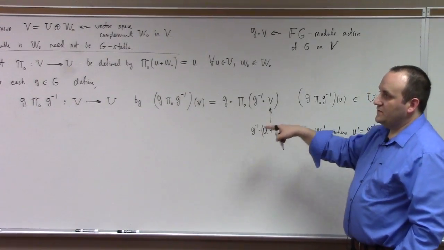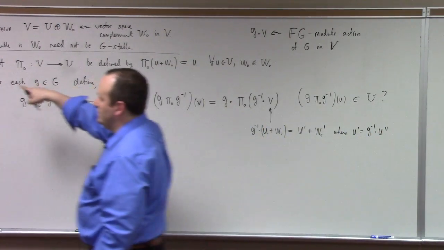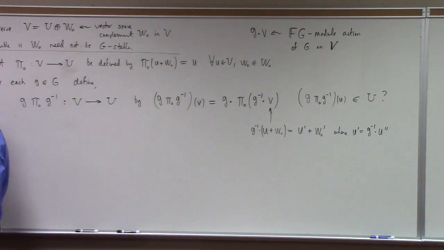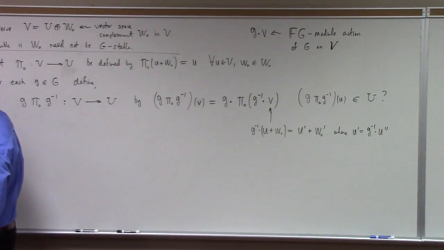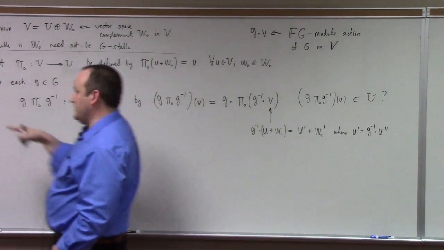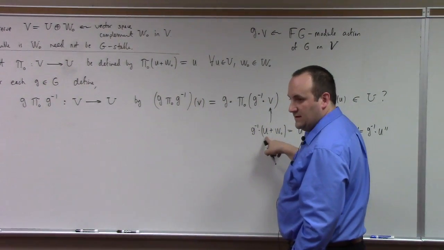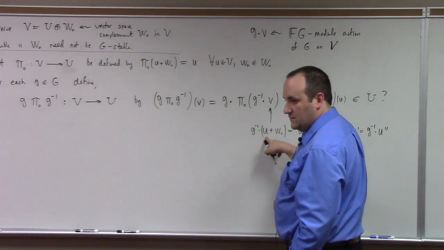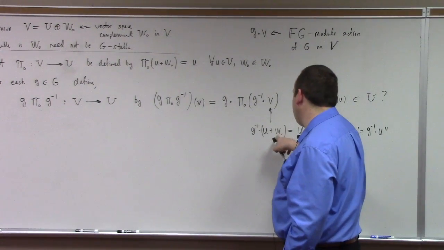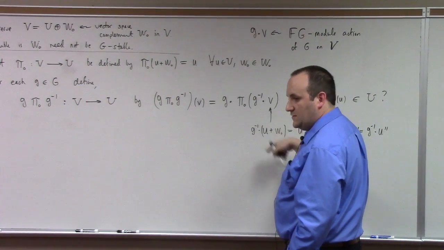I think if U was given to not just be a submodule but a fixed submodule under the action, that'd be more data, and the proof would simplify in that case. But I don't think that's given. So I don't know that G inverse dot U is again in the submodule U. I don't know that G inverse W doesn't rotate into the U sum.